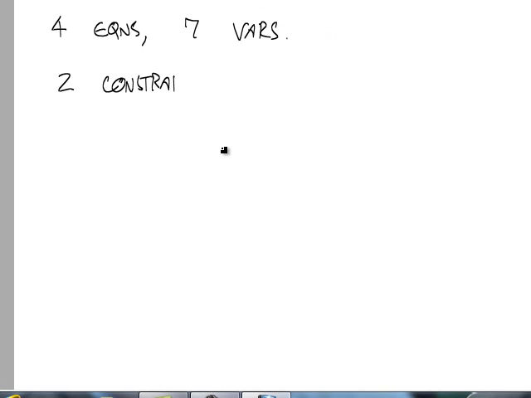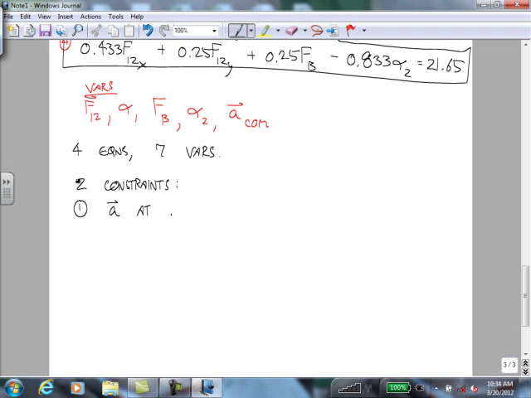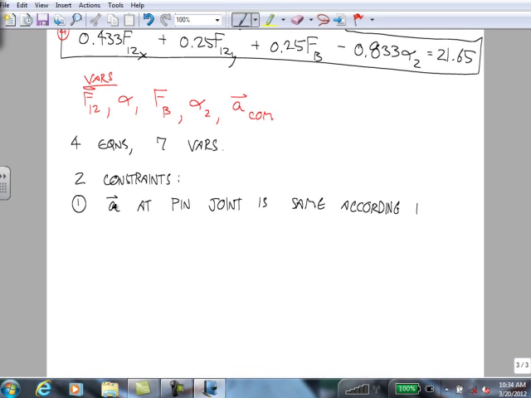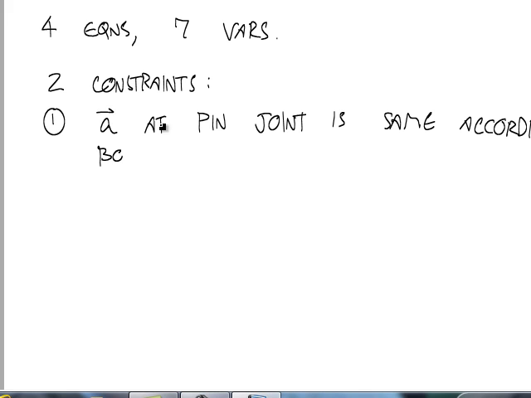So the first constraint is going to be that the acceleration at the pin joint is the same according to both members. That'll give us 2 more equations.